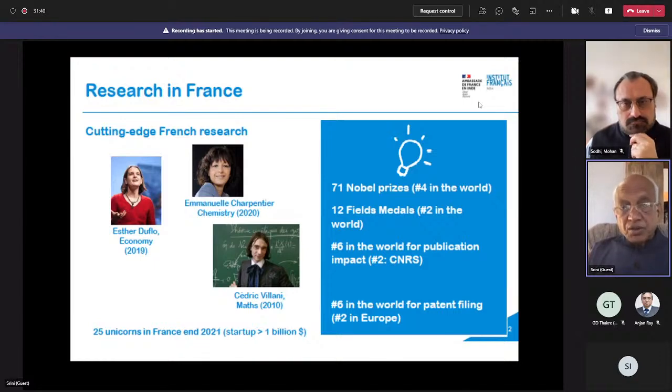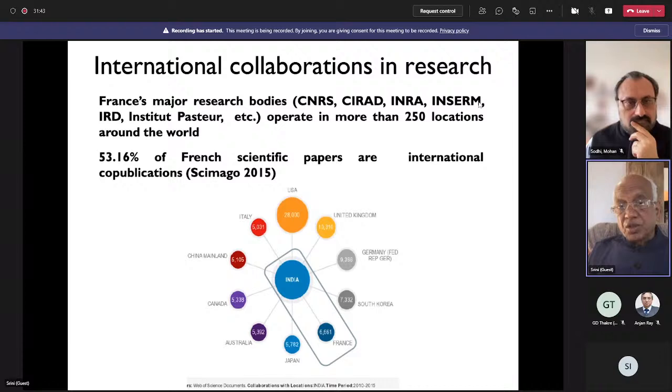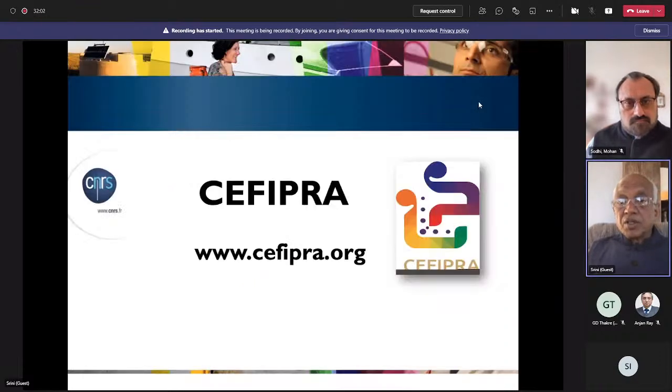So what we are trying to say is that France is an attractive country, and India and France work quite closely. Apart from USA, UK, Germany, and South Korea, France occupies the next place for India in terms of scientific collaborations. So there are all the reasons to work with it.